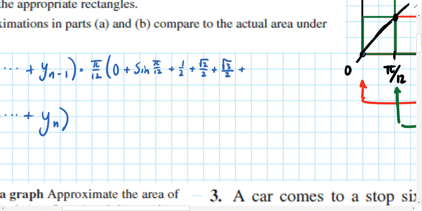Now the last value here is sine evaluated at 5 pi over 12. And a quick check should show 1, 2, 3, 4, 5, 6 values. So those 6 values are the numbers needed to generate our left-hand sum.